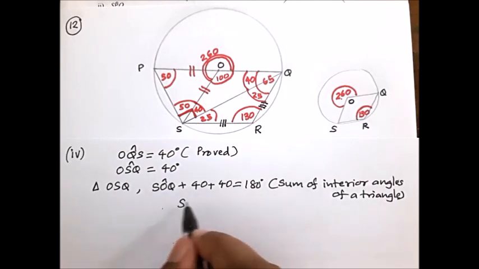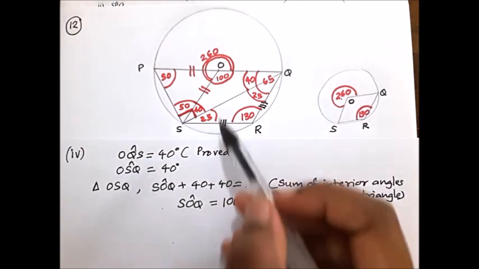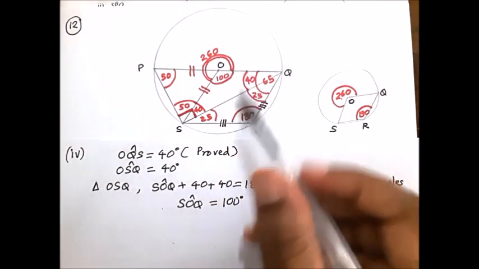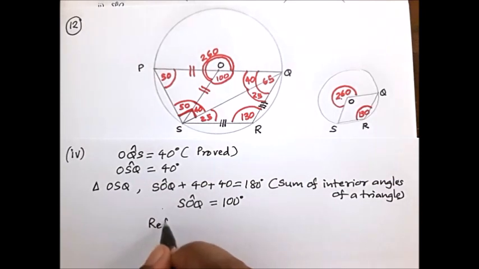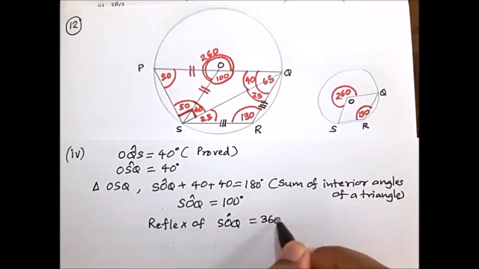Subtract 80 from this side. SOQ equal 100 degrees. Then write the reflex of SOQ. Reflex of SOQ. It is equal 360 minus 100 degrees. 260 degrees.